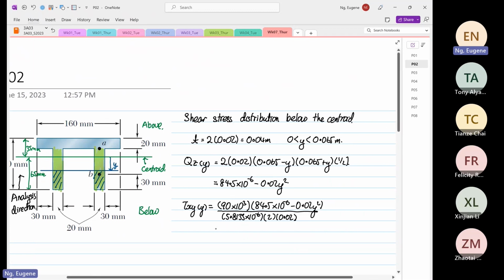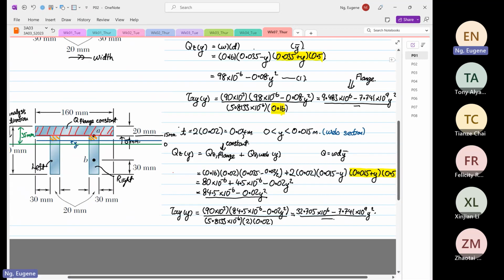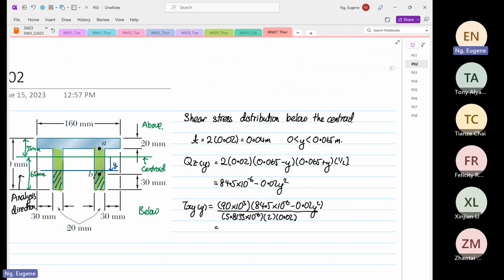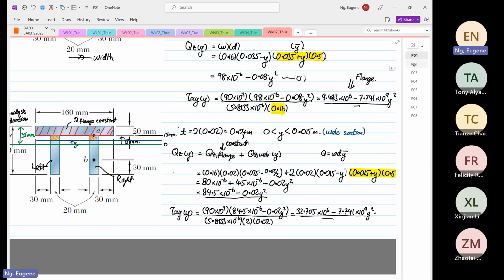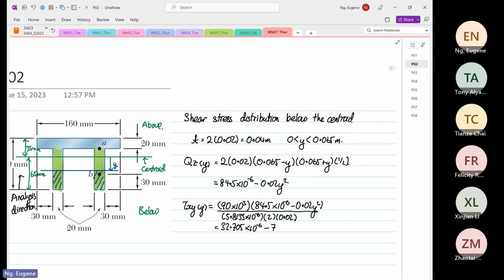So this value will be exactly the same. It will be equal to 33.705 times 10 to the power minus 6 minus 7.741 times 10 to the power 9 y squared.